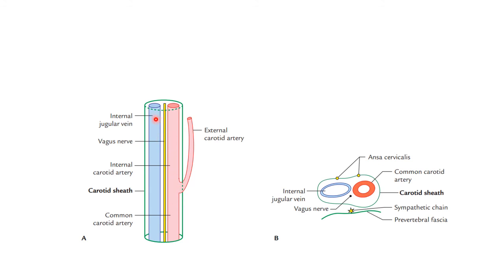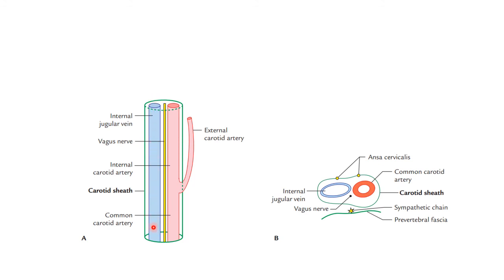When the venous return is increased, the internal jugular vein can expand. That is why the carotid sheath over the internal jugular vein is not thick.